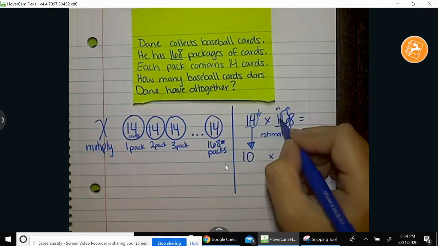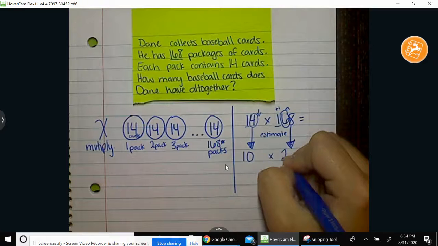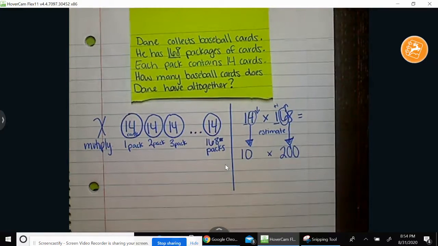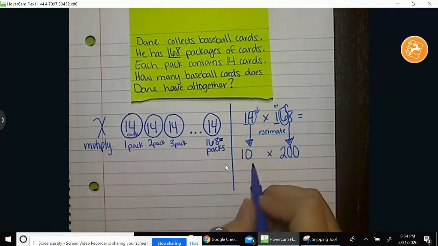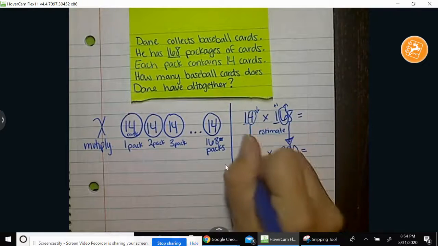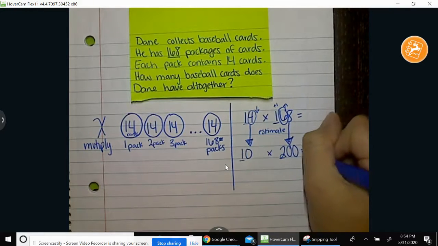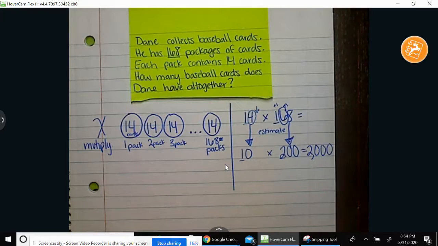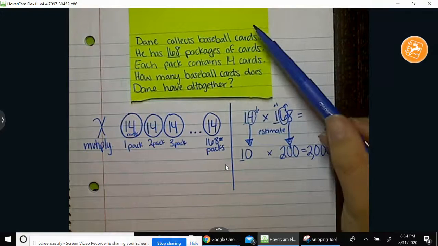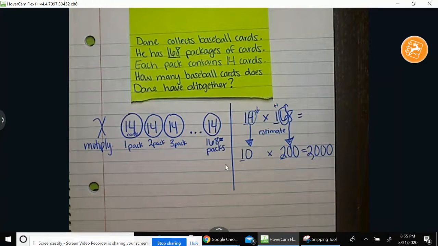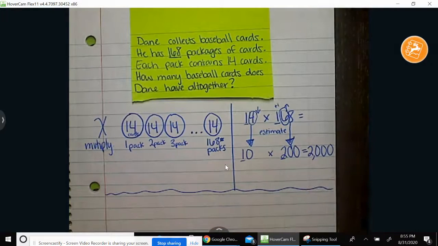So my 1 turns into a 2, and everything else is replaced with zeros. Now I know that my estimate should be somewhere around 2,000. So when I solve my problem, I'll know if I'm close to 2,000, then I am done with my problem and it might be reasonable.